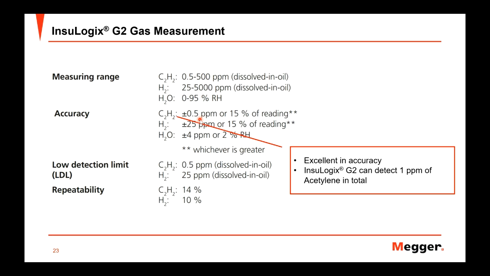Acetylene is very important, and more important is the accuracy when you do a measurement to find acetylene or not. Is it the real alarm or the false alarm? If it is real, that means you have a serious fault inside of your transformer. You have to take action. You're right. But if it is not the real one, it's a fault from your sensor or your sampling or any error.